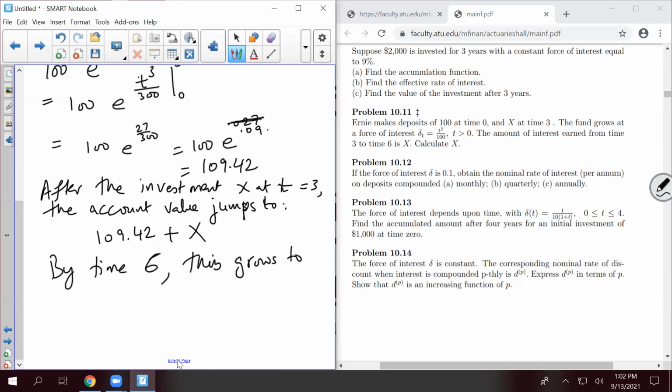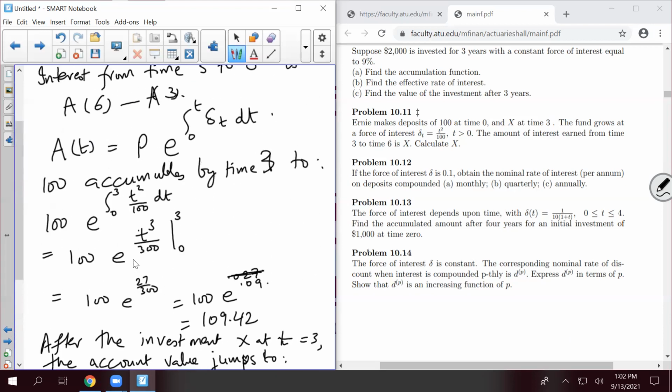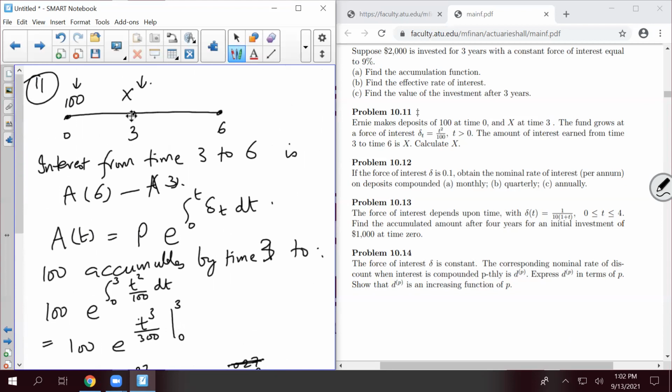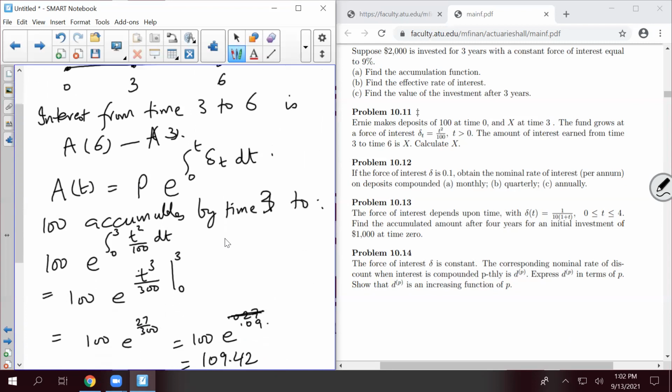So now just think that this is the investment you have at time 3, and we are trying to find how much it will grow to at time 6, right? That's the challenging part. So this is what I have here. How much is it going to grow from 3 to 6?